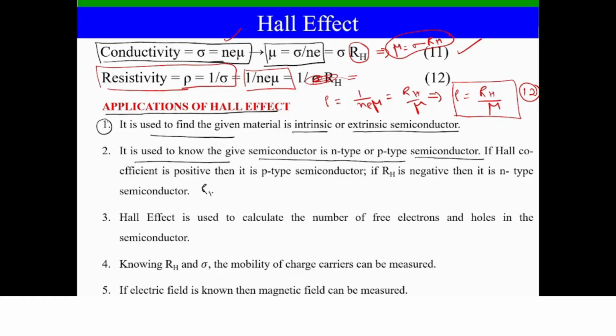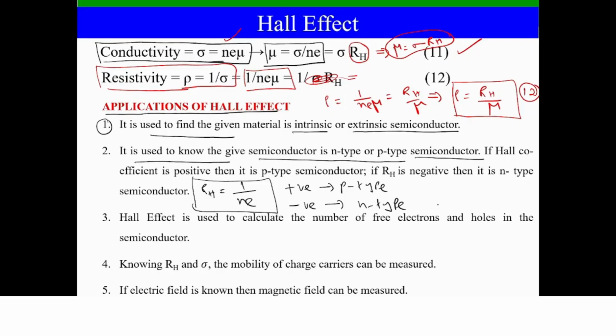Already we know that the Hall coefficient RH is equal to 1 by Ne. If you get a positive Hall coefficient value, then the given semiconductor is a p-type semiconductor. Similarly, if the Hall coefficient is a negative value, then the semiconductor is an n-type semiconductor.